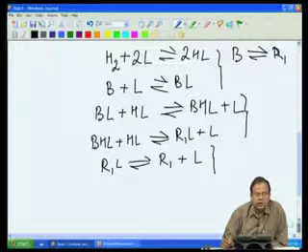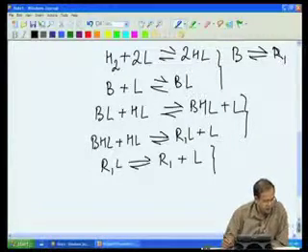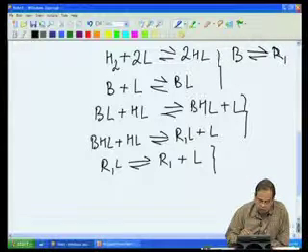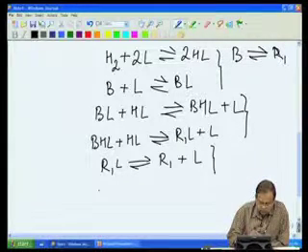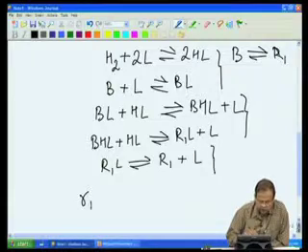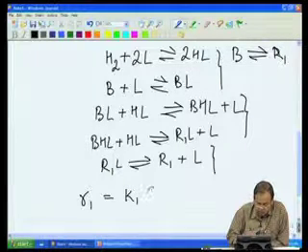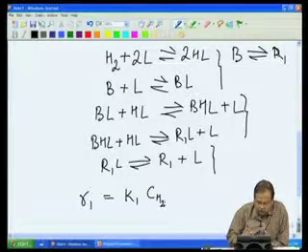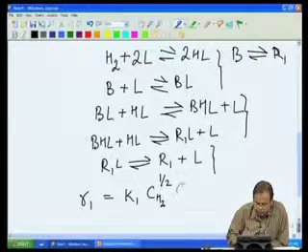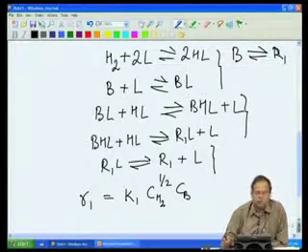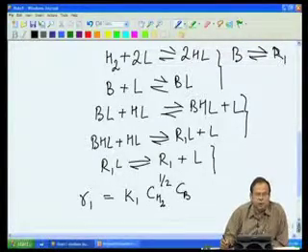So, one can apply quasi steady state or quasi equilibrium approximation. Here quasi equilibrium approximation was applied, and what we get is the rate of this reaction, let us call this as first reaction, is equal to K1 C hydrogen raised to half into CB after certain simplification.